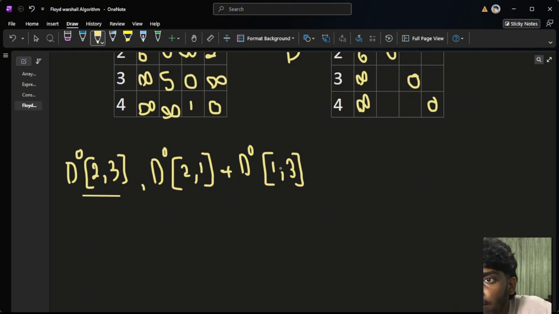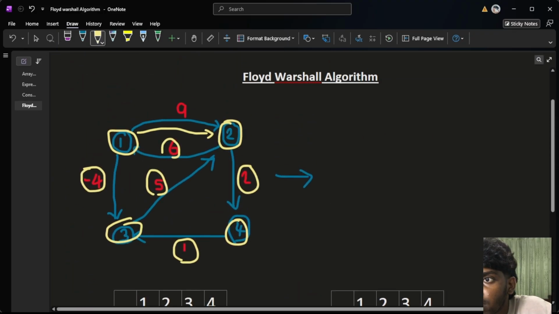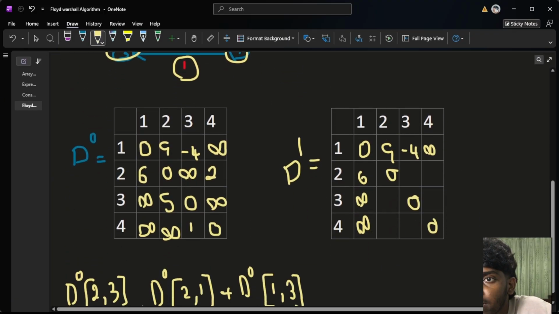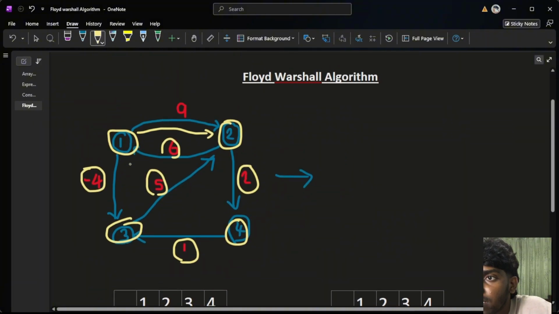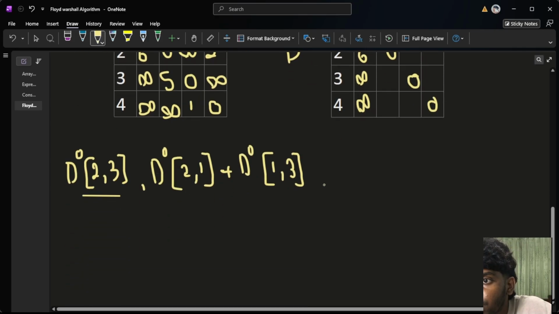Therefore, right here the 1 comes from this element, because we are implementing this matrix via this 1, and then this 3 comes from right here.